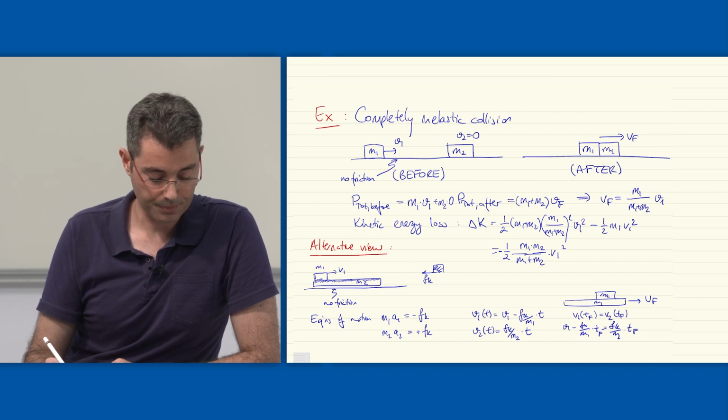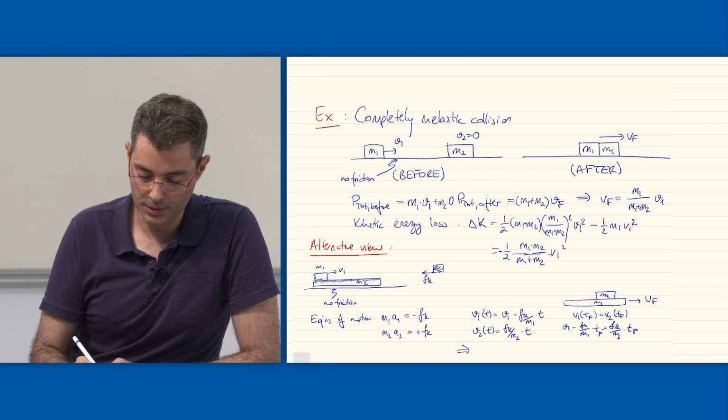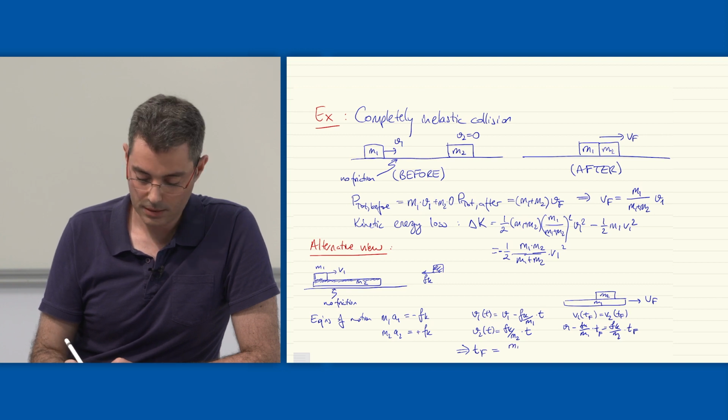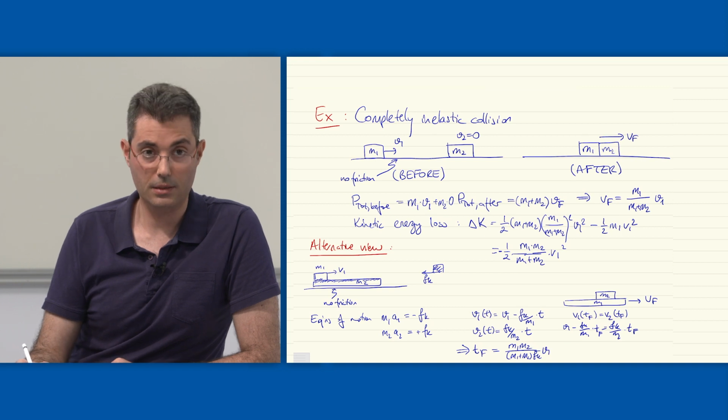Let me write it over here. So tf from these two equations will turn out to be m1 times m2 divided by m1 plus m2, times 1 over fk, times v1. Right, check this algebra.